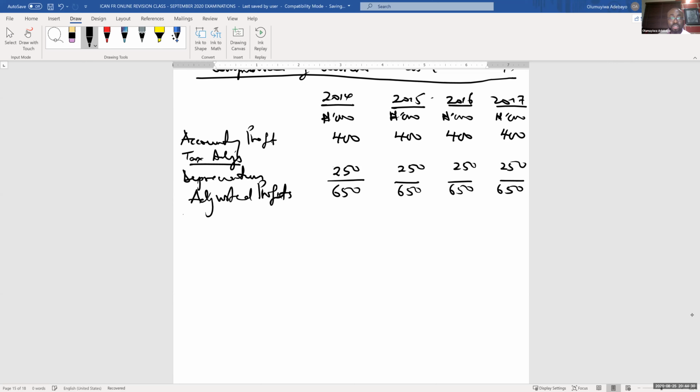Now, there's no tax loss to be relieved. Therefore, the only deduction available is capital allowance. And based on our computation, for the first year it is 500, second year is 300, third year is 200, and last year is nil.